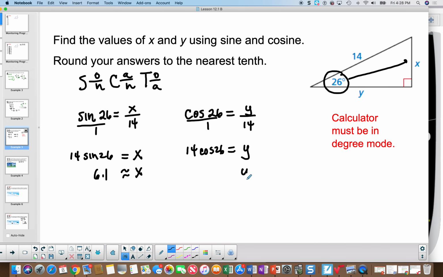So y is approximately 12.6. Now this makes sense to me because this will be 64 degrees, and this side right here is 6.1, and this side over here is 12.6, so it looks reasonable.